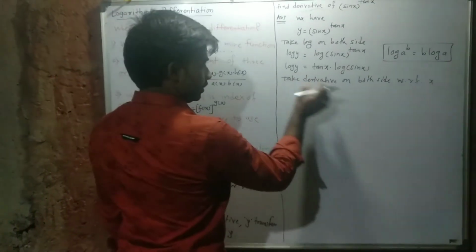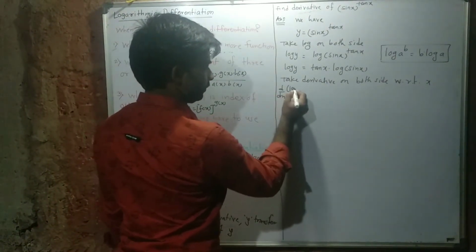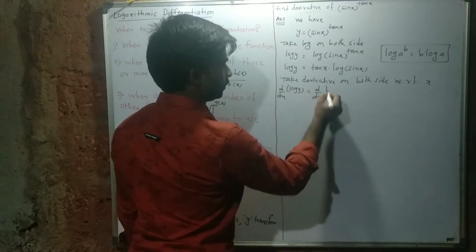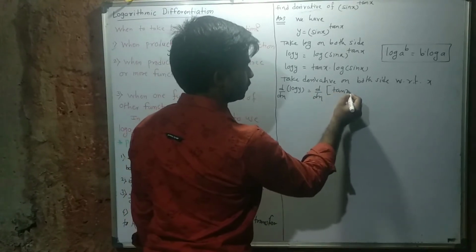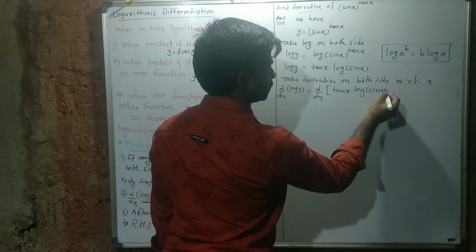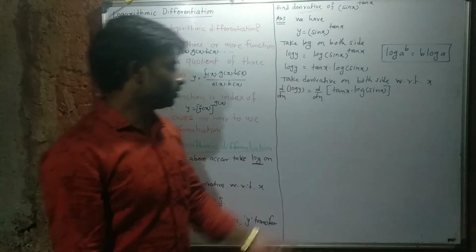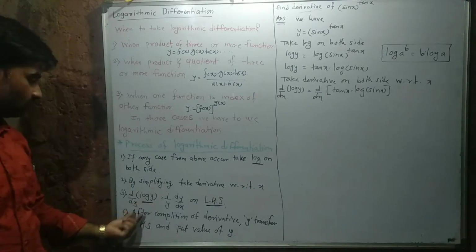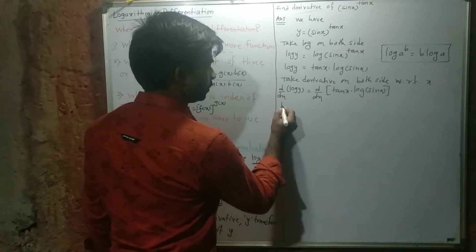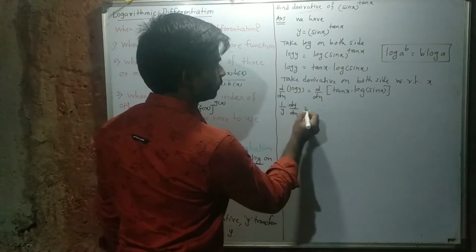Now here we have d/dx of log y and d/dx of tan x into log of sin x. We know that the derivative of log y is 1 divided by y into dy by dx, and therefore here 1 divided by y into dy by dx is the derivative of the left side.